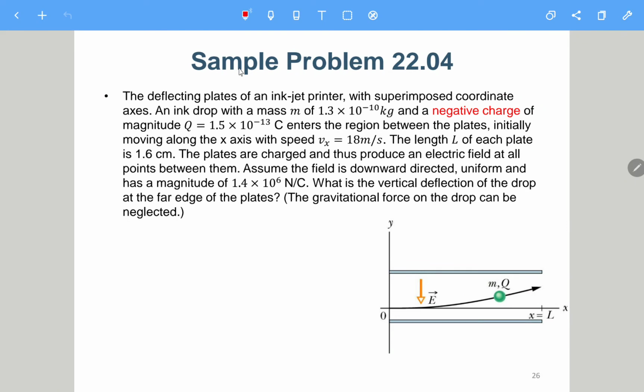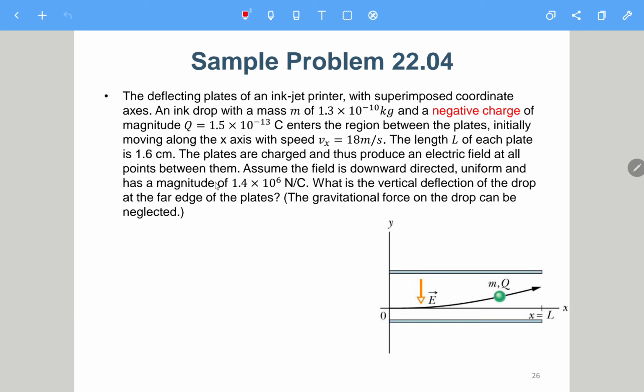Okay, so here is a sample problem. It says the deflecting plate on an inkjet printer, with a superimposed coordinate axis, and an ink drop with a mass blah blah blah and a negative charge of capital Q enters the region between the plates, initially moving along the x-axis with speed Vx. The length L of each plate is 1.6 centimeters, from here to here.